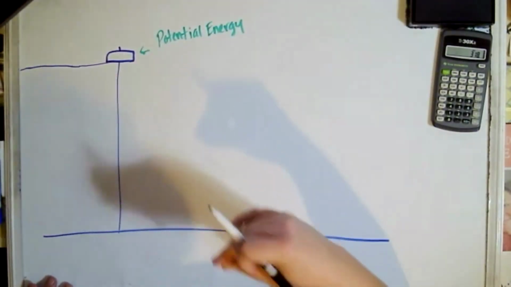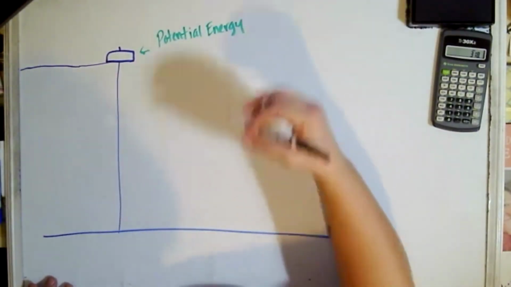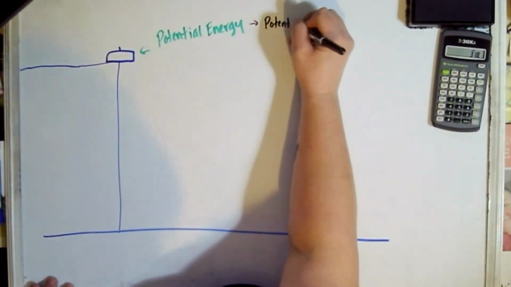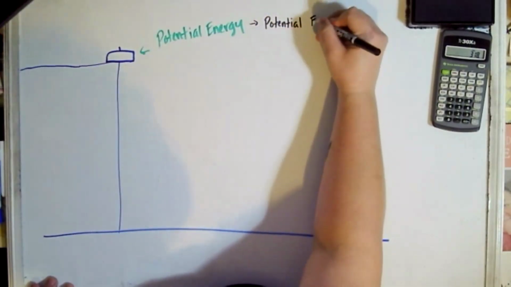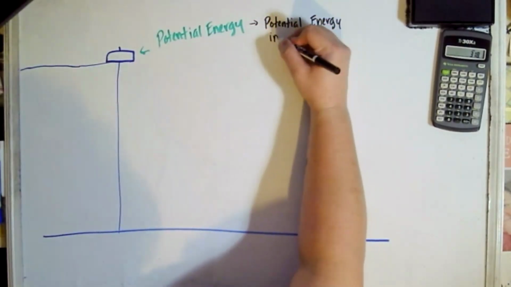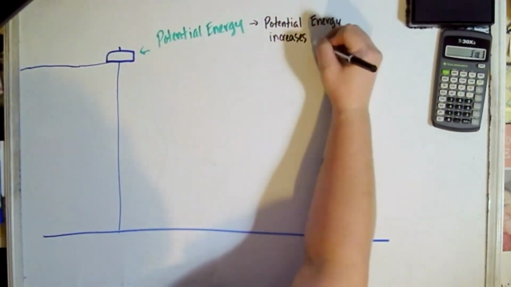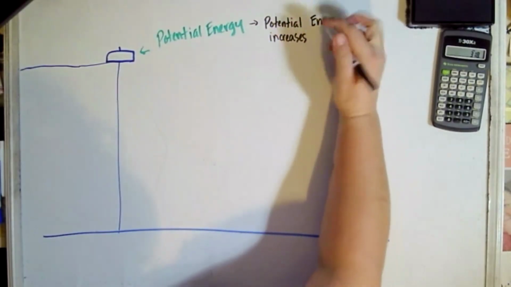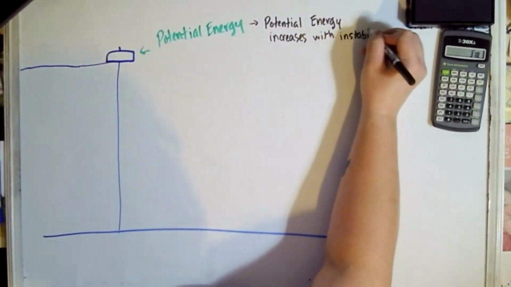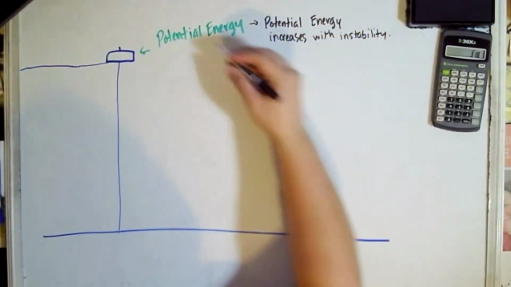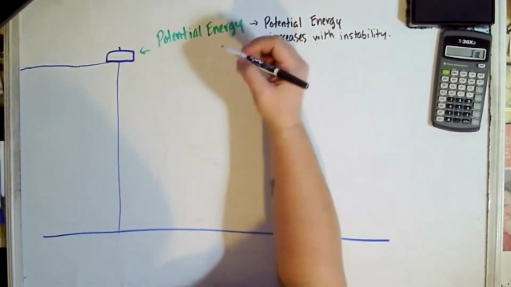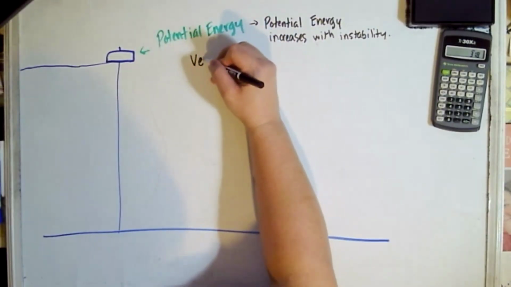It has a large amount of potential energy because what we're going to see is that potential energy increases with instability. So this weight up here that's balanced on this building has a very high amount of potential energy.